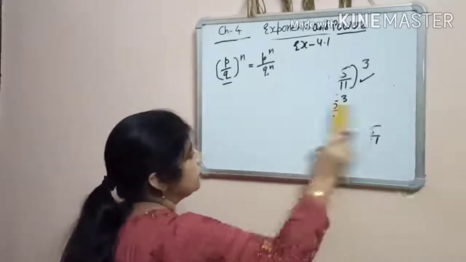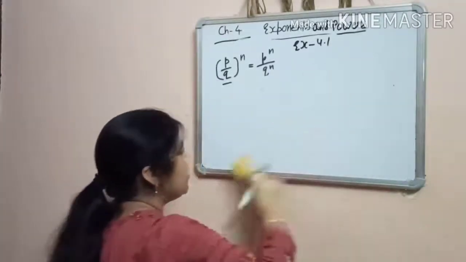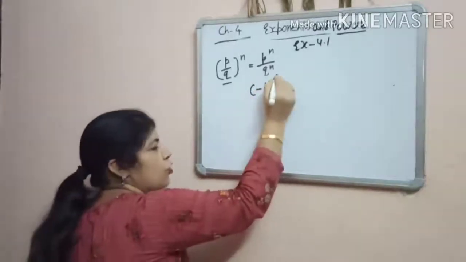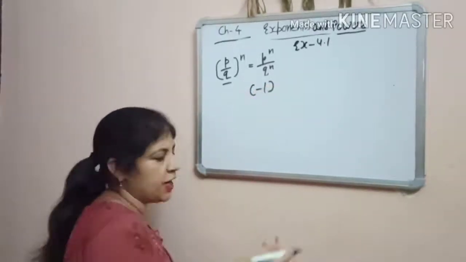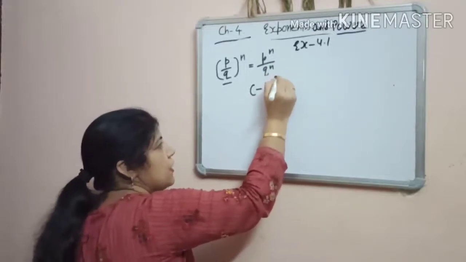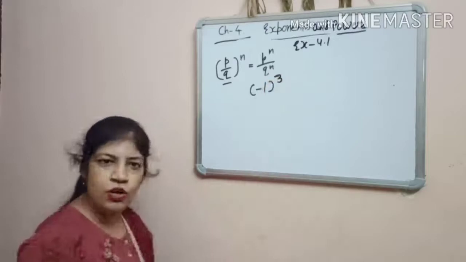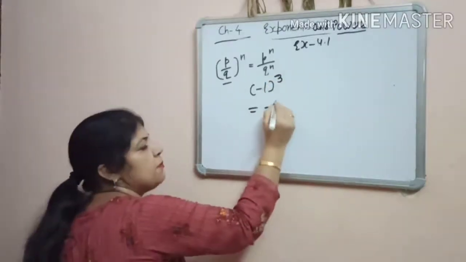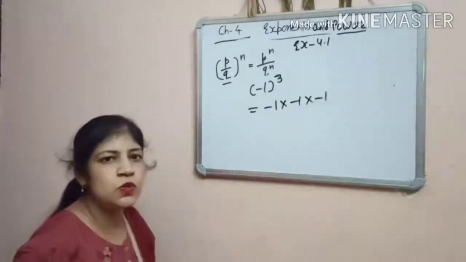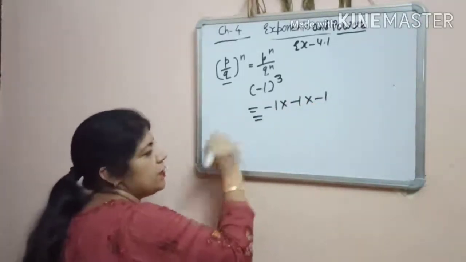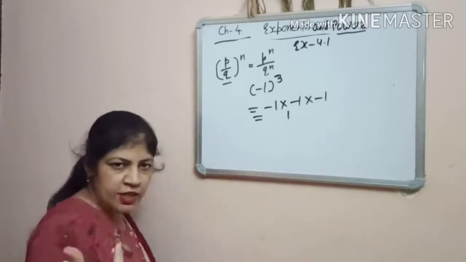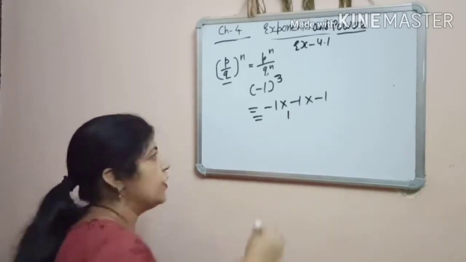Now, if we multiply minus 1 an odd number of times, let's take the power of minus 1 as 3. 3 is an odd number, you know. What does it mean? Minus 1 into minus 1 into minus 1. Then it will be 1 into 1 into 1. You multiply 1 any number of times, you will get 1.